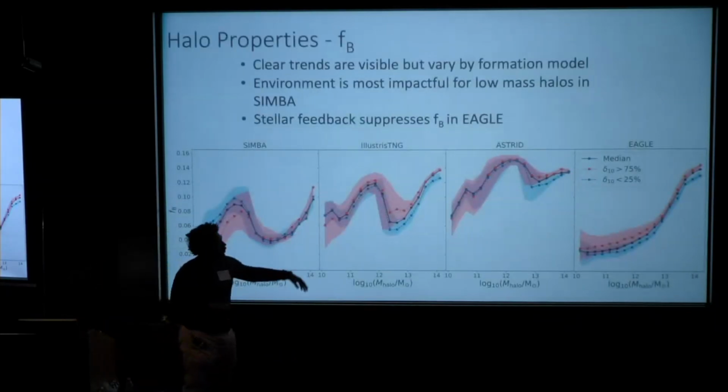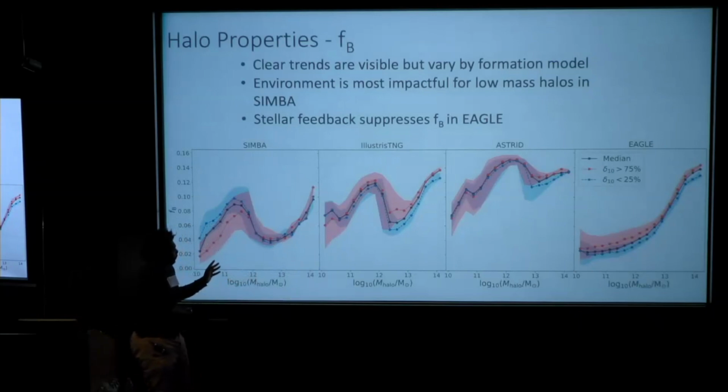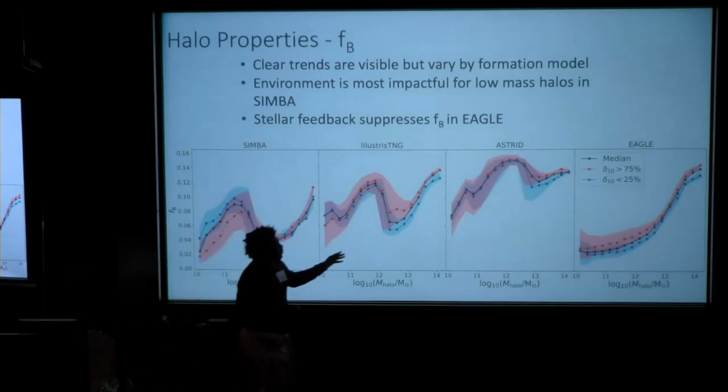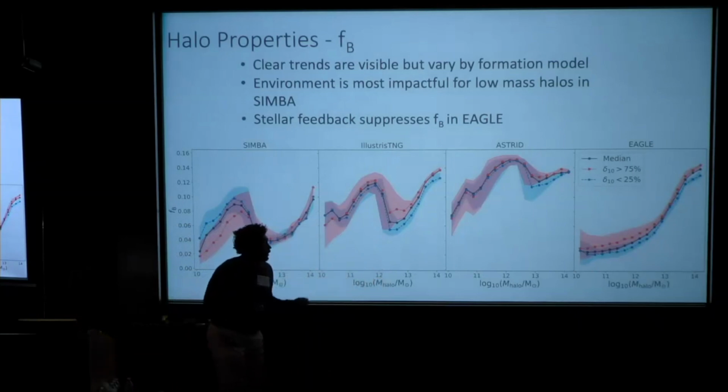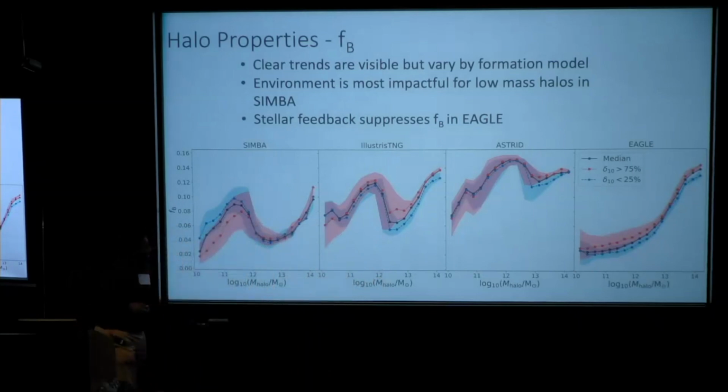Expanding this to all 4 galaxy formation models, we see some pretty significant differences. In TNG and Astrid, we see the strongest trends with high mass halos. With Eagle, we see a trend everywhere, but it is the opposite extreme.